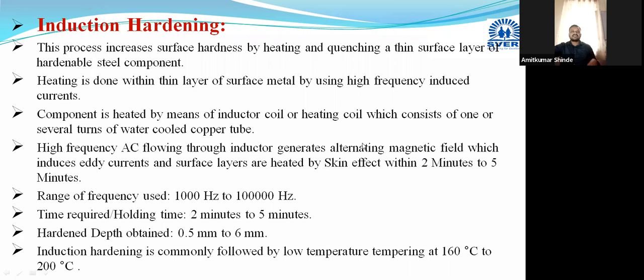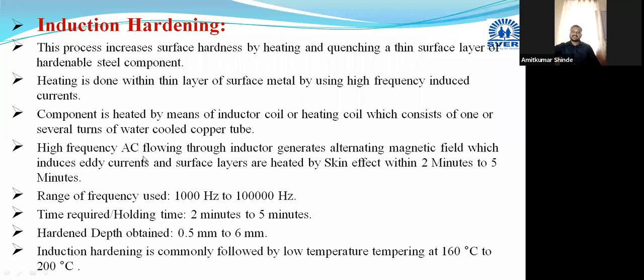Due to that, eddy currents are generated, and these eddy currents flow through the surface by skin effect, and the surface is heated within a few minutes, 2 to 5 minutes.